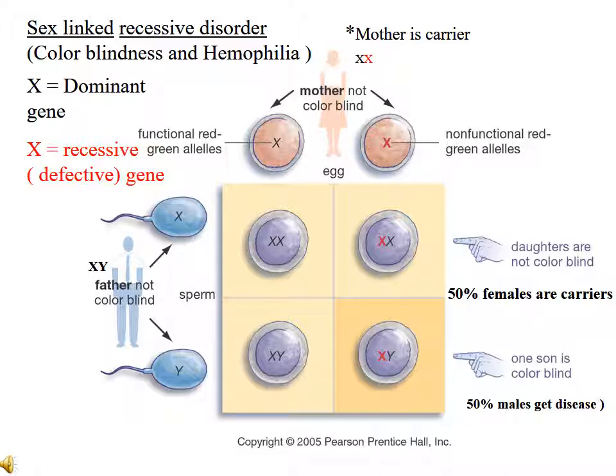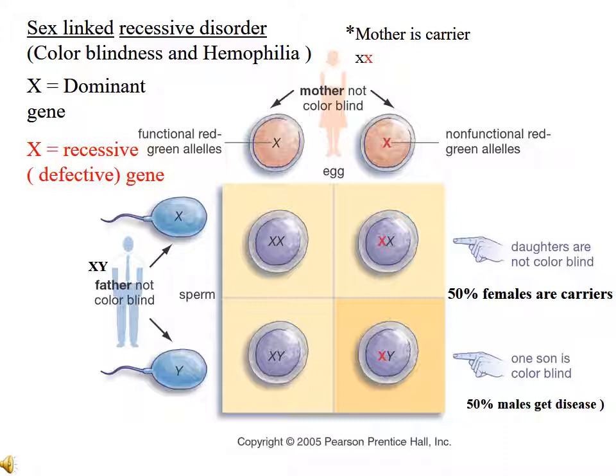In the Punnett square that we're doing here, we can clearly see the probability of the outcome. 50% of the females are going to be carriers, and 50% of the males will be diseased. The male cannot be a carrier because once the red X appears, there's nothing to balance it out. So in this case, we can see how a recessive disorder carries itself out.